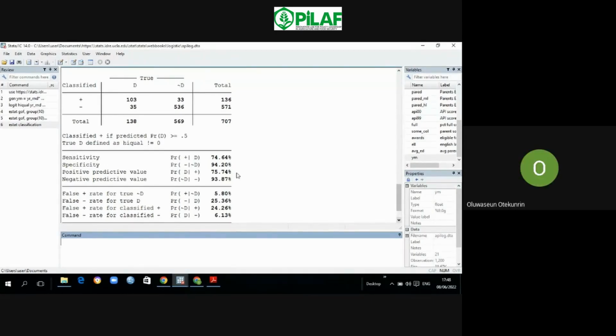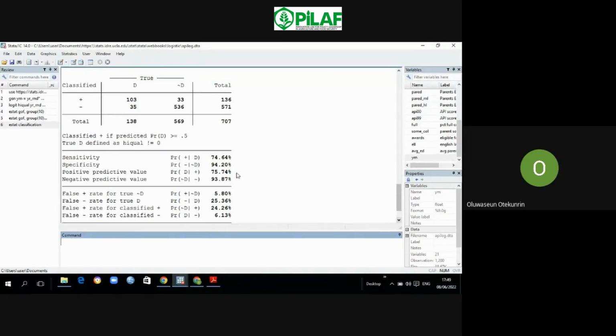So let's now move to negative predictive value. The negative predictive value is the second row. If you look at that second row, you will see what the model has been able to achieve. Based on my illustrations, cell C is false negative, and cell D is true negative. Negative predictive value is the proportion of schools with negative classifications that are correctly classified. Where will you get the ones that have correct classification?